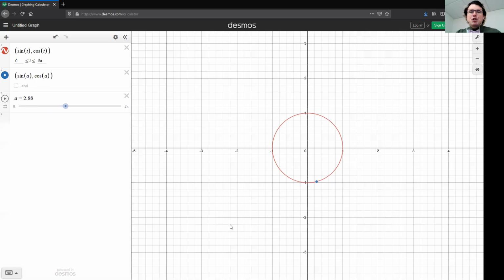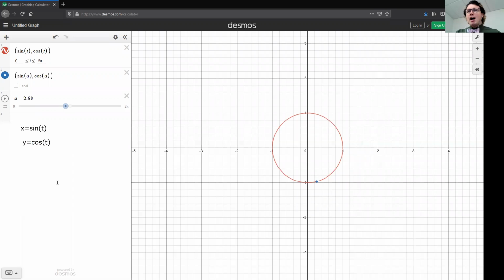So for this problem specifically, I know that my x and y satisfy these equations: x is equal to sine of t, y is equal to cosine of t. But I would like to get rid of that parameter, to have an equation with just my x and y in it, no t's at all.